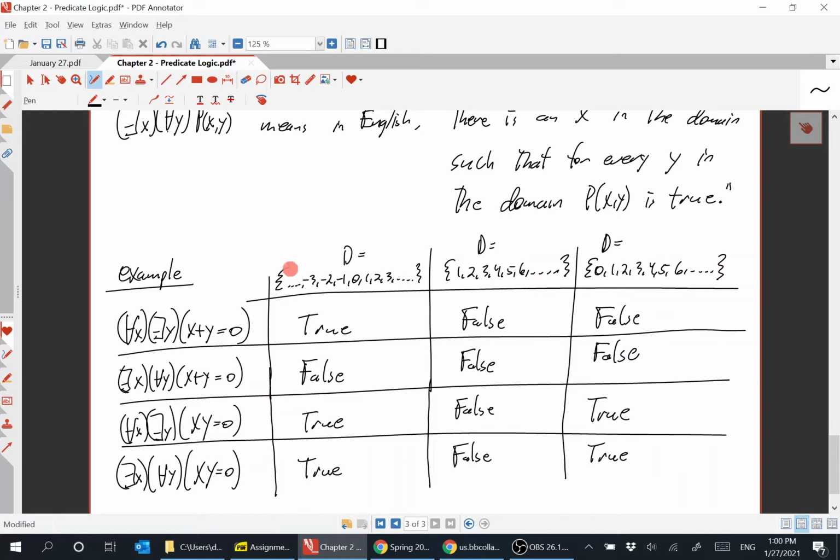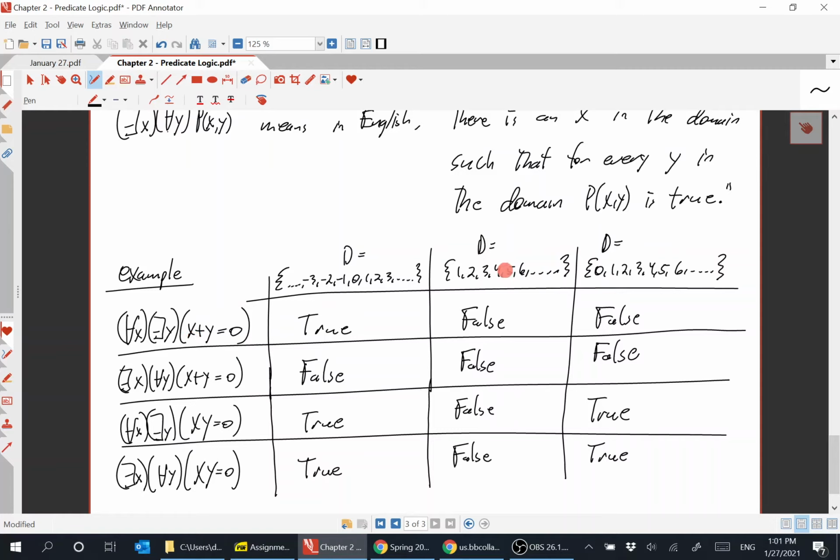If I picked x equal to -28, then the y that goes along with it is 28, and -28 plus 28 is equal to 0. If I picked x equal to 0, then the y I would pick is 0 itself, and 0 plus 0 is 0. So it's true here. For any x you pick, the y that you want is the negative of x.